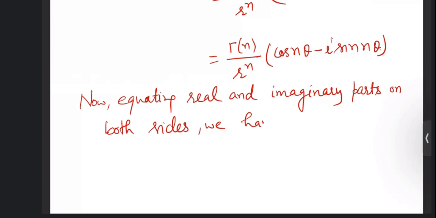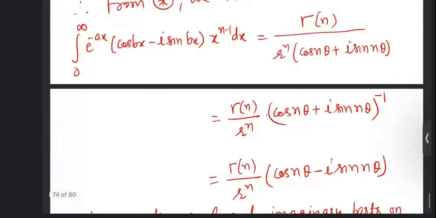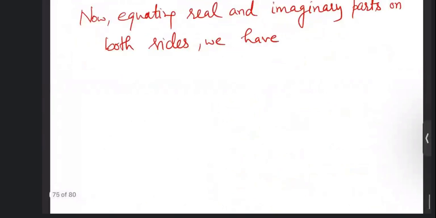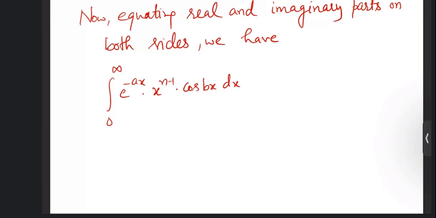In the first part, the real part is the integral from 0 to infinity of e raised to the power minus ax into x raised to the power n minus 1 into cos bx dx. This is the real part in the left hand side, and the real part in the right hand side will become gamma of n divided by r raised to the power n into cos n theta.